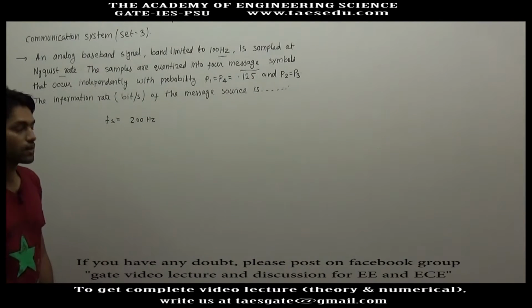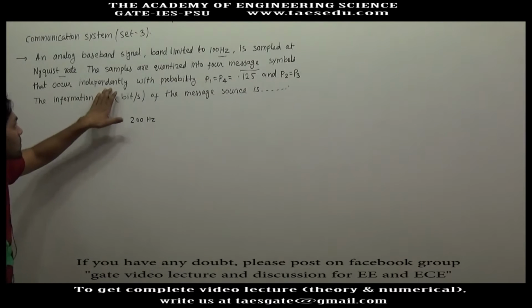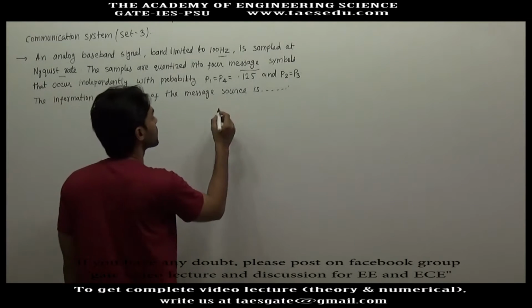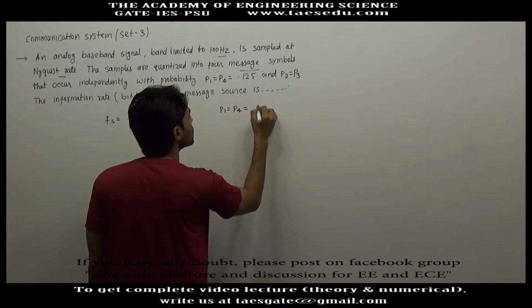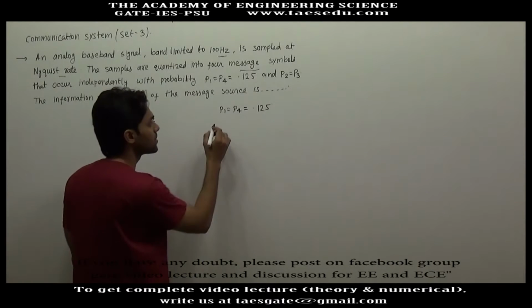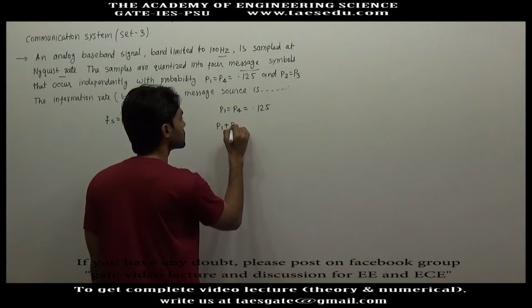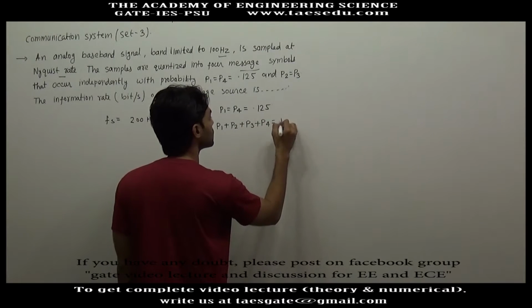The four quantized levels occur independently with probability P1 equal to P4 equal to 0.125, and the total probability is equal to 1. P1 plus P2 plus P3 plus P4 equals 1.